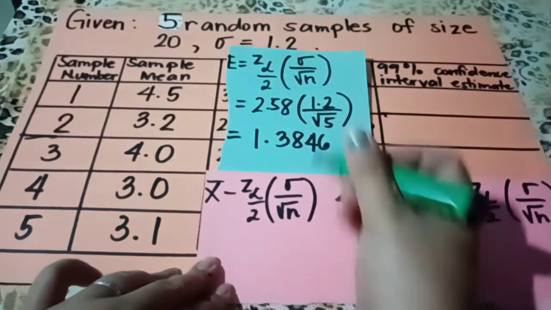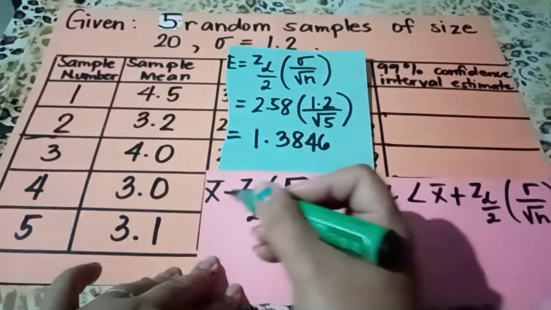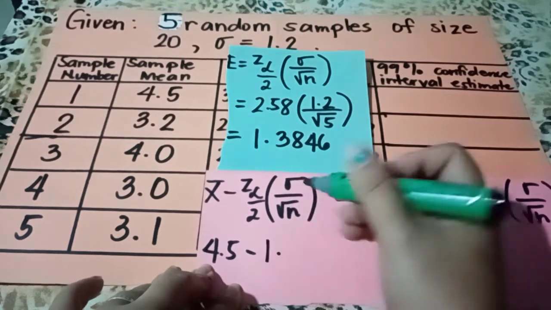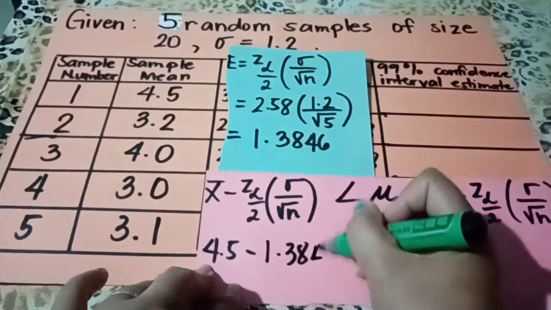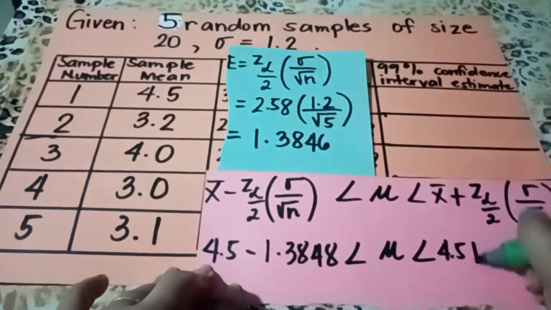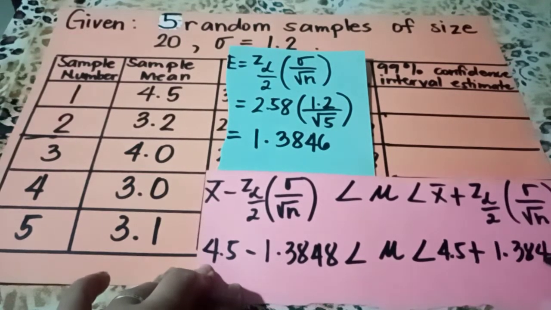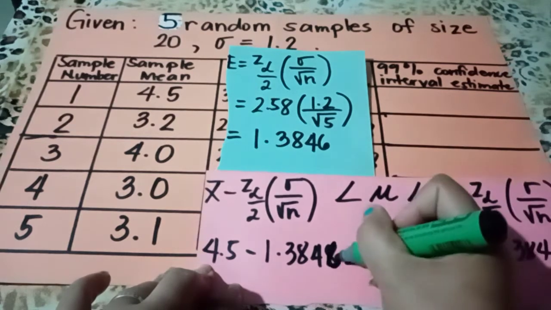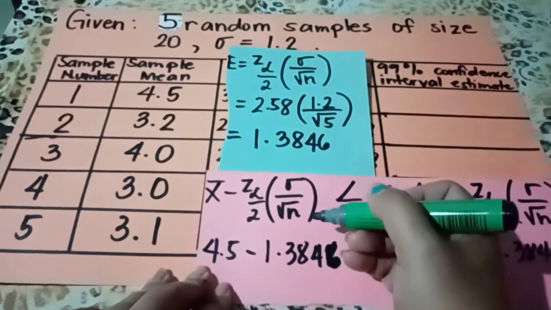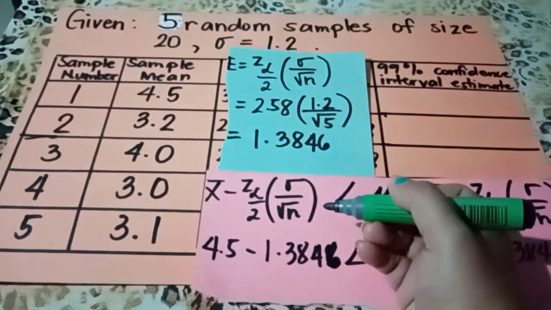So we have here the sample mean as 4.5 minus the margin of error 1.3846, and then 4.5 plus 1.3846.